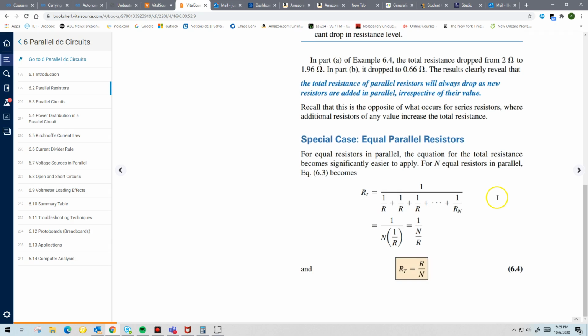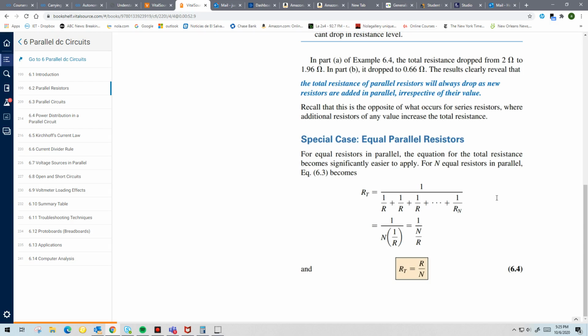All right. So let's look now at the special case where the parallel resistors are equal, are the same. Well, that gives us a very useful equation. If you remember, in the case of series connected resistances, when we add resistors of the same value in series, all we have to do is multiply N, the number of resistances, times the value of the resistance.